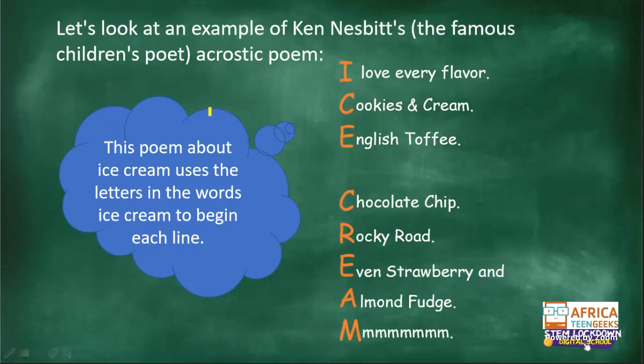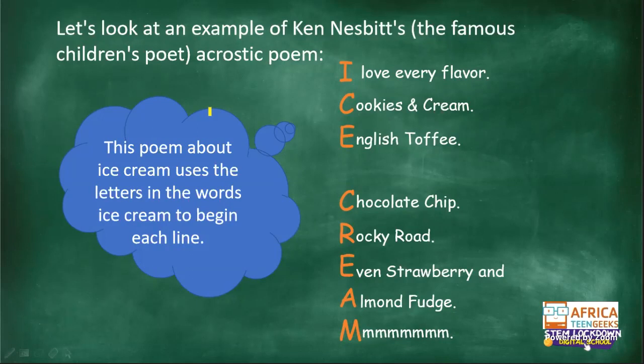So he now chose all different flavors: cookies and cream, English toffee, chocolate chip, rocky road, strawberry, almond fudge are all different flavors of ice cream. So that's an easy way to write an acrostic poem as well.